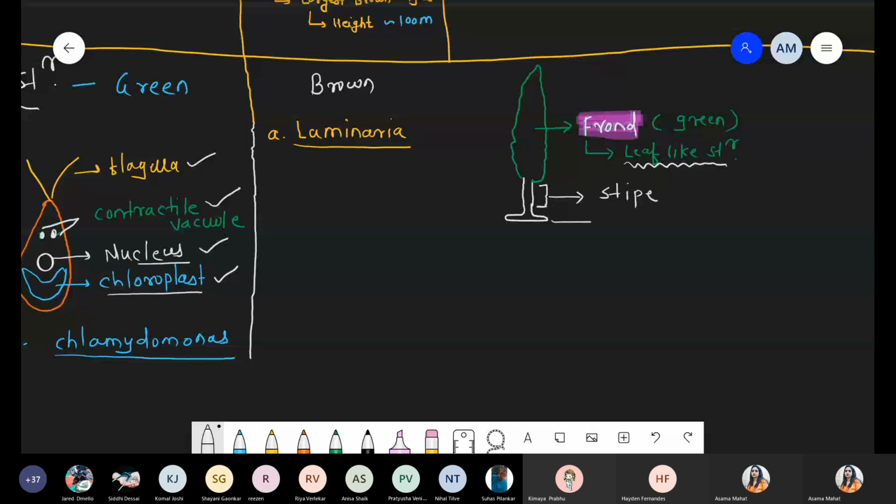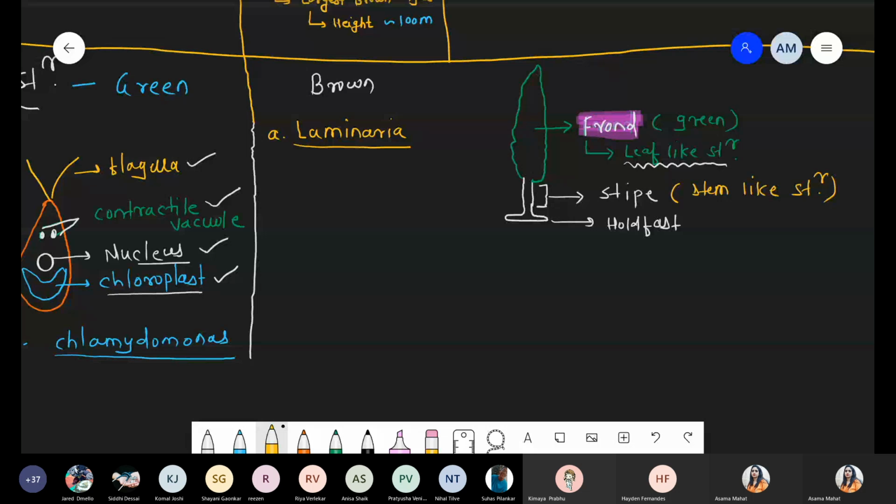And finally, the holdfast behaves like a root. So this is the simple structure. Frond is green in color and behaves like a leaf. The stipe is a stem-like structure, because true stem, true leaf, and root are totally absent.